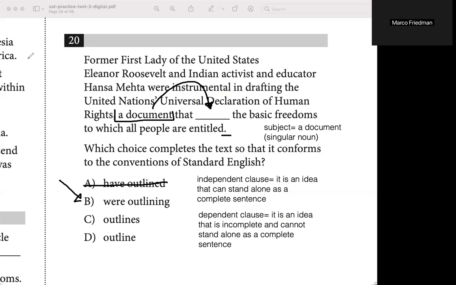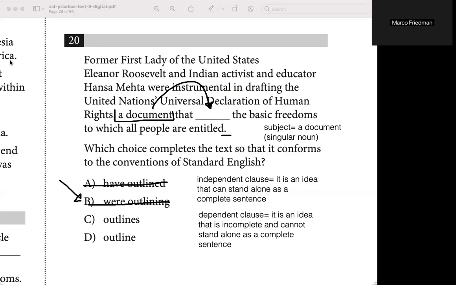Were outlining is a past continuous conjugation. So again, the helping verb were is used with plural subjects, plural nouns, or plural pronouns. It will not agree with our noun, a document, so we're going to cross that out.